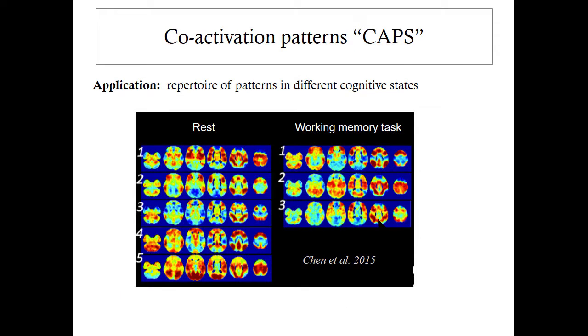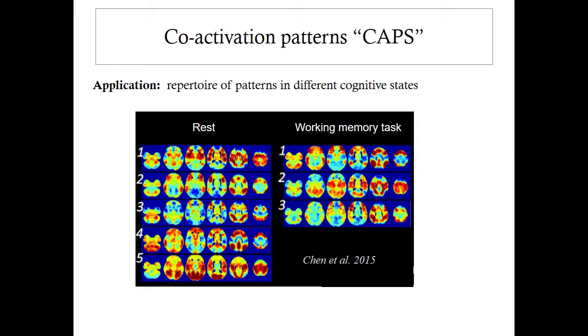Looking at these coactivation patterns can also give us a potentially useful set of new metrics for quantifying different state changes and so forth. So here what you might do is compare resting state to a working memory task, and ask questions like, what are the most representative states or patterns in each of these conditions?